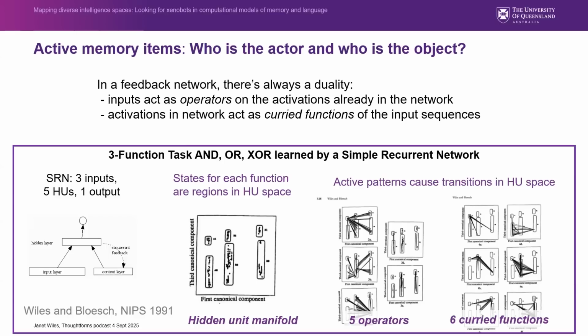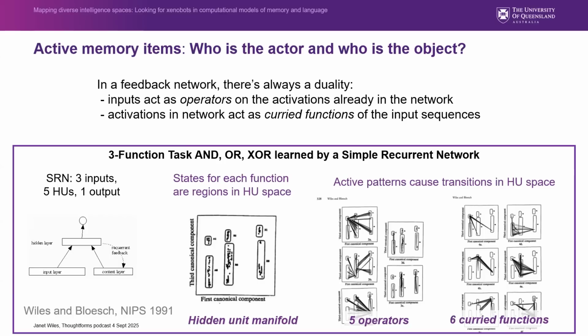In any feedback network, it doesn't have to be a simple recurrent network, there's always a duality. Inputs act as operators on the activations already in the network. Activations in the network act as curried functions over the input sequences. And the connections within the network say what kind of curried functions are possible in that system.